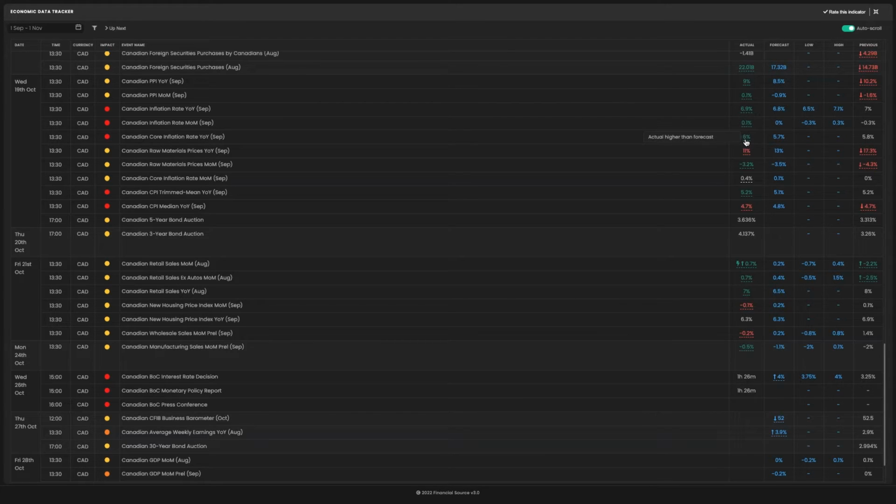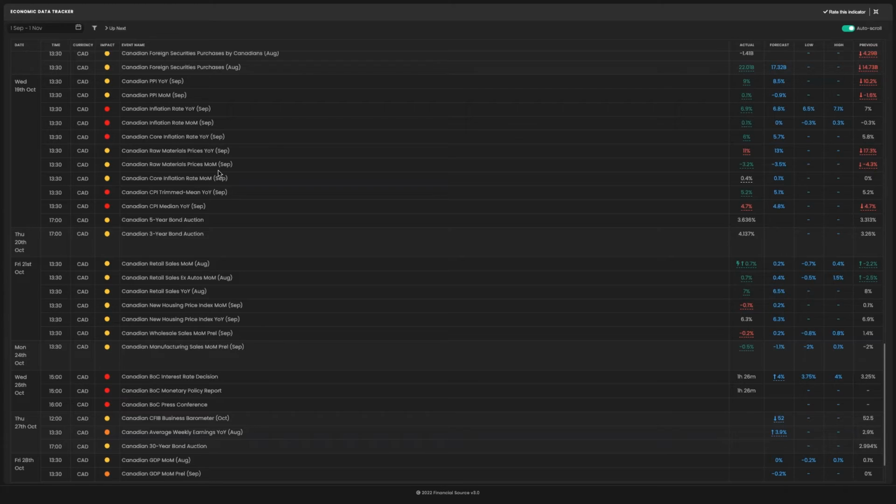The headline inflation was 6.9%, slightly down from the prior reading, and the producer price index was also down from 10% prior to 9%. So although they were slightly higher than forecast, we started to see some indications of inflation weakening, and that is a very potential positive sign for the Bank of Canada.